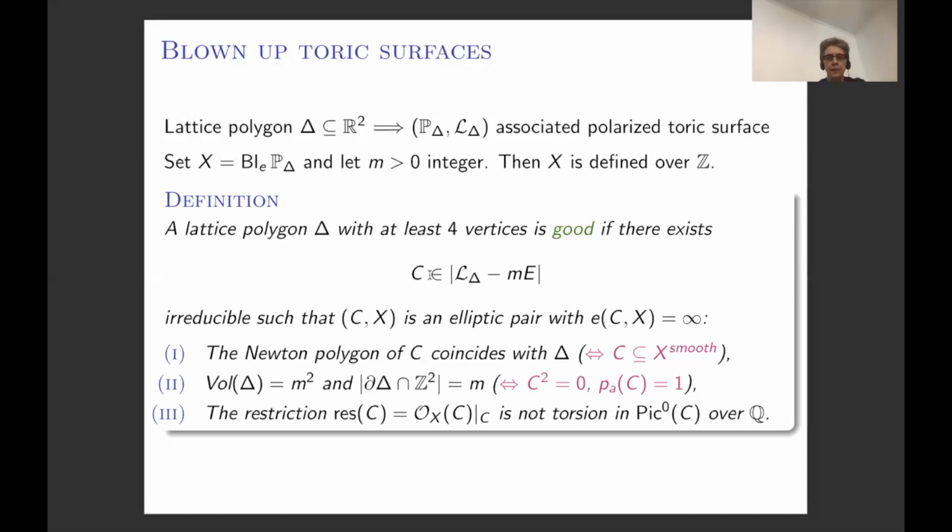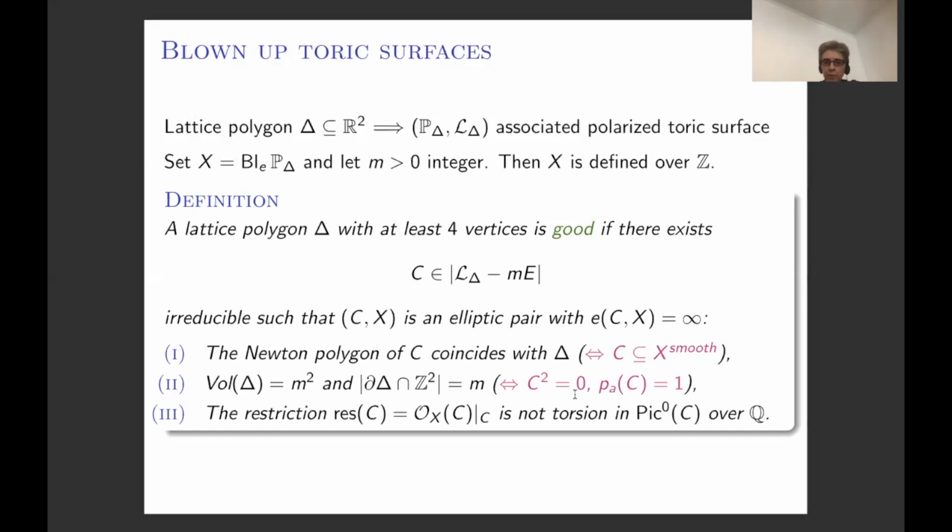The curve is cut by an equation which corresponds to monomials corresponding to lattice points inside delta. And so the fact that the Newton polygon is exactly delta means exactly that the curve does not pass through the torus invariant points of the surface, which are the only points where the surface may be singular.